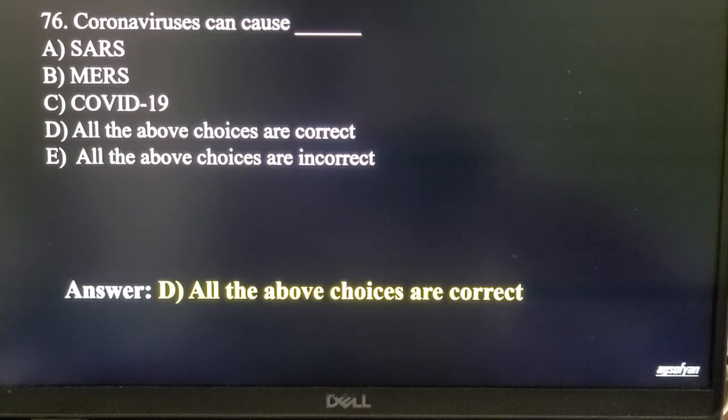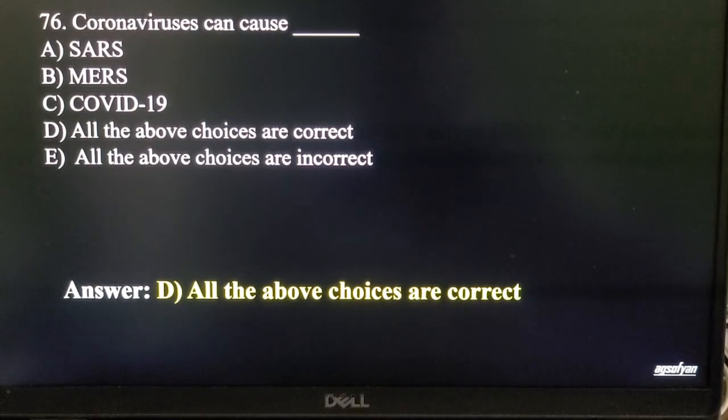So coronavirus can cause SARS, severe acute respiratory syndrome. This was the pandemic in 2002. It can also cause MERS, Middle East respiratory syndrome. This is a pandemic, but mostly in the Middle East area. COVID-19, yes, and this is the new type of coronavirus infection worldwide, and right now it is the most pandemic type of disease.